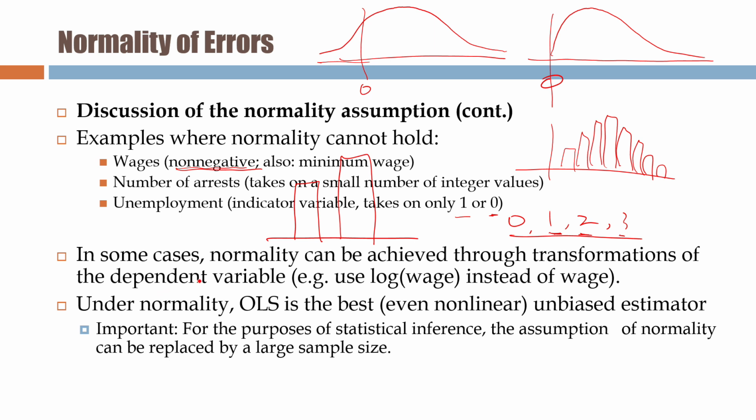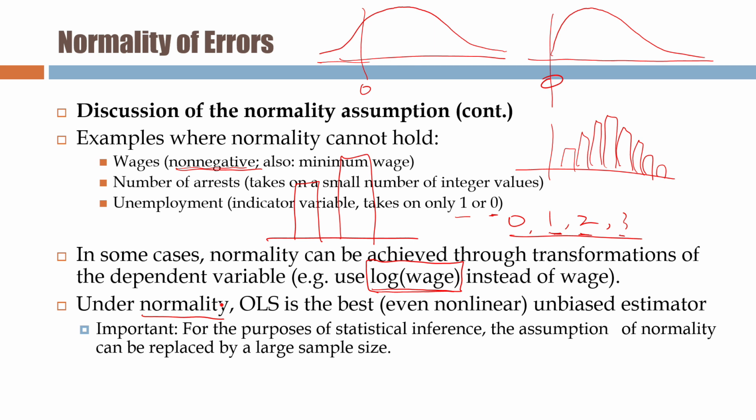In some cases normality can be achieved through a transformation of the dependent variable, something like log wage. Later we will see the example. So we take a log of wage, change it into the log form, and then we can assume our error term can be normal.